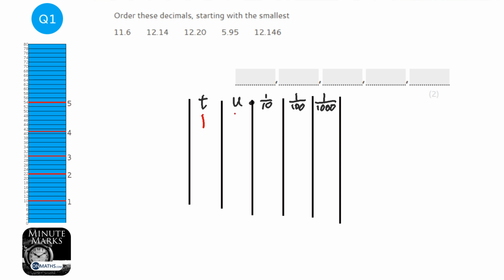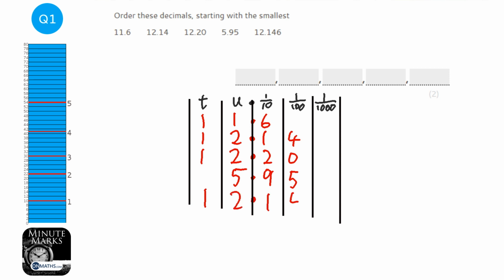So 11.6, 12.14, 12.20, 5.95, and then 12.1, 0.146. I'm going to fill in all of the missing spaces on the right hand side with zeros. Don't need to do a different colour.